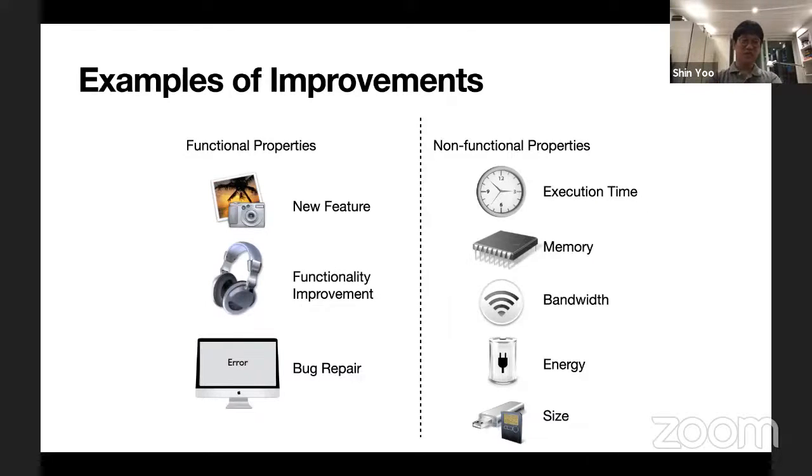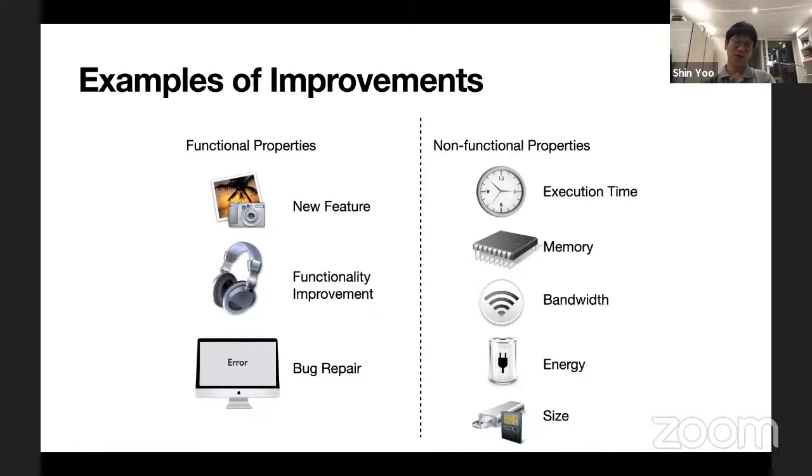Various types of improvements have been tackled. Some are functional and some target non-functional properties. The functional properties we have been studying include adding new features by transplanting from other existing systems, functionality improvements, and bug repair; automated program repair can be framed as a type of genetic improvement.